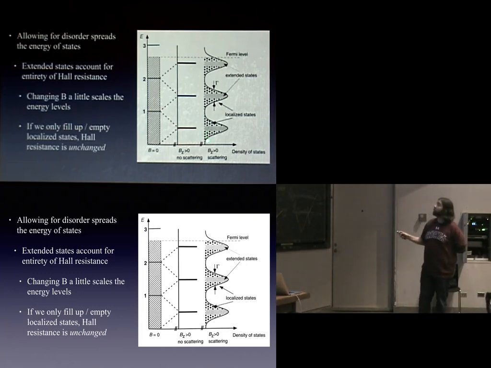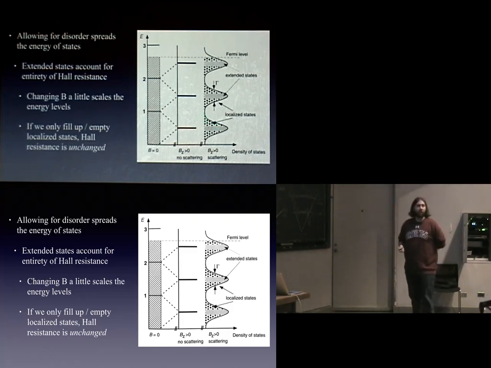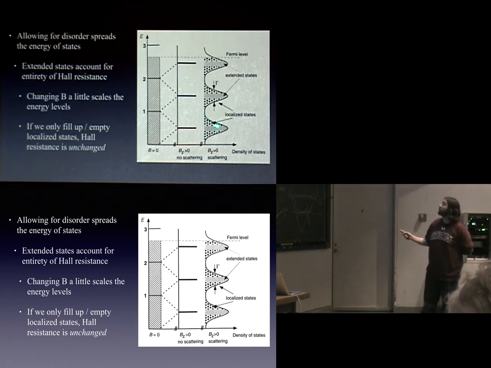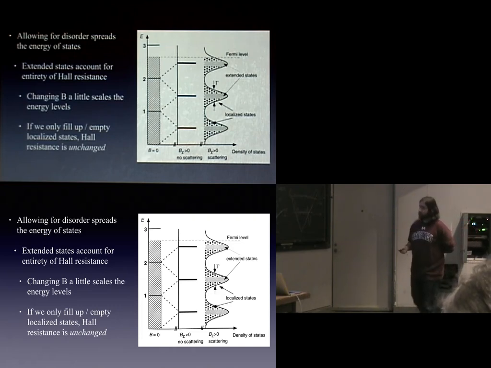And you see that most of these peaks are these kind of dotty regions, which is an artistic attempt to indicate that these are electrons that are really stuck going in circles on equipotential contours of valleys and can't give you net current flow. And it's only these special states, dead center, that are really extended, that live really at the edge of the sample, that can contribute to charge flow, right?